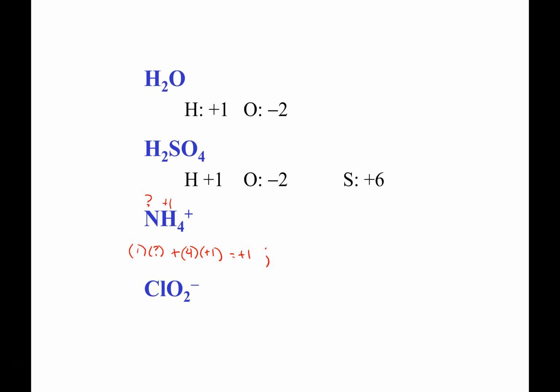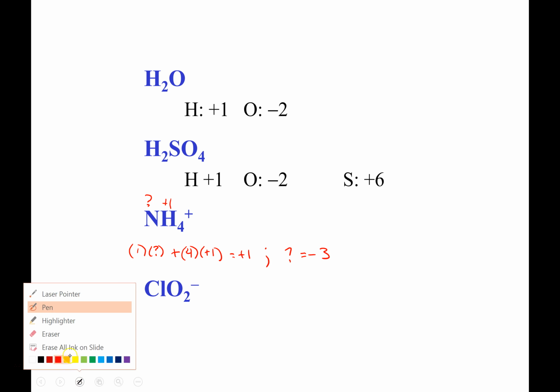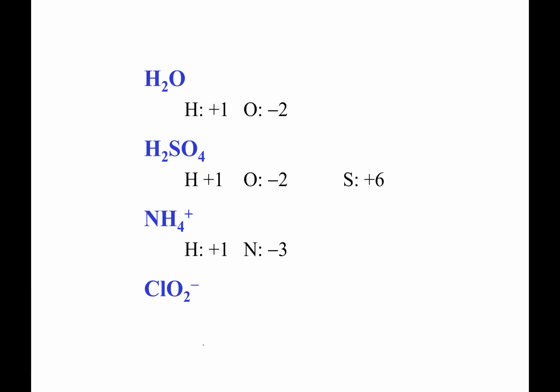So let's see, -3? So question mark is equal to -3. And that's totally it. So -3 is the oxidation number of nitrogen in that particular setting. Did the oxidation number of nitrogen change? If the oxidation number of nitrogen changes in a chemical reaction, you have a redox reaction.